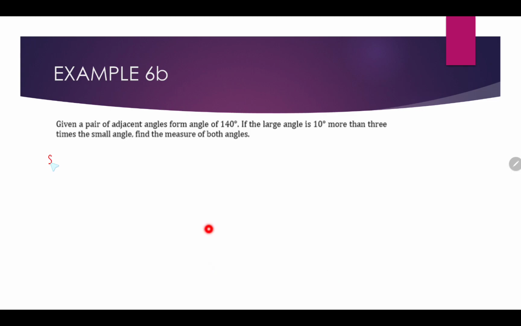So small angle kita letak X, large angle. For the large angle is 10 degrees more than 3 times the small angle, meaning that 3 times the small angle and then plus 10. Okay, 3x plus 10. And then we add large angle with the small angle.